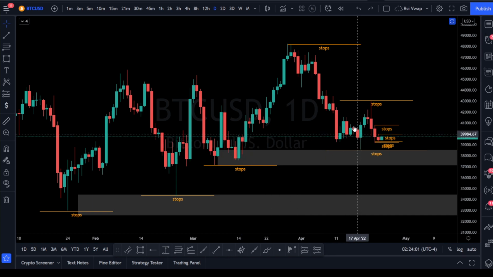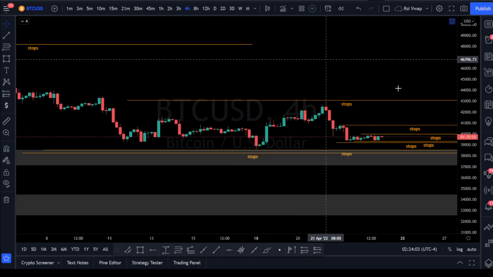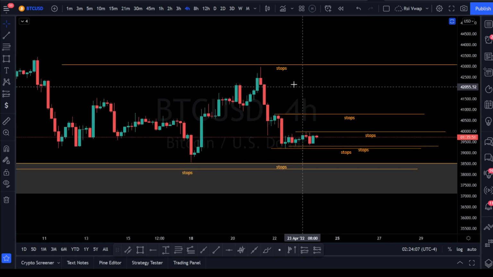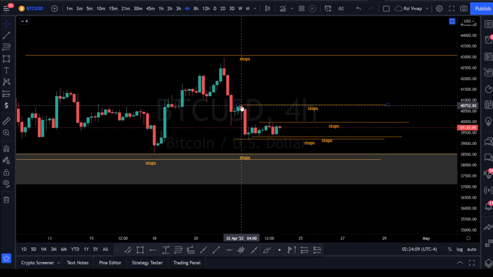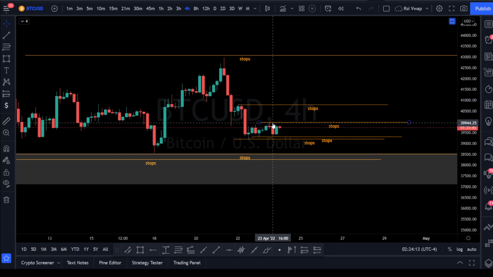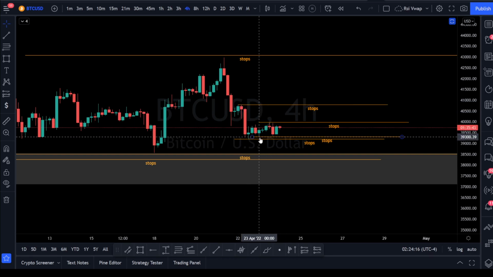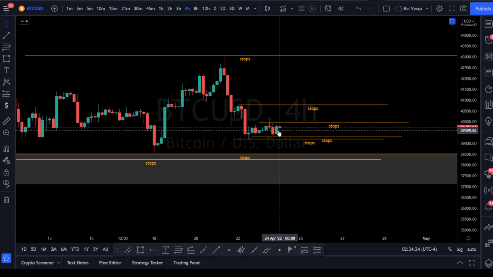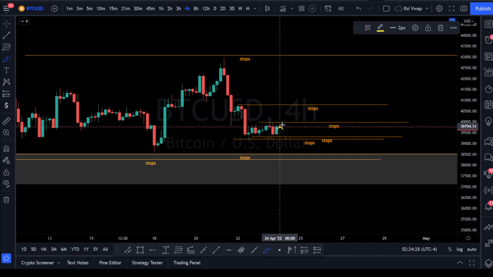Now, if we go down onto Bitcoin on a 4-hour chart, what we're going to see is we have stops above this high here, and below here we have two areas of lows where people put their stop losses. The most likely scenario is the market's going to move up and they'll take out these stops.